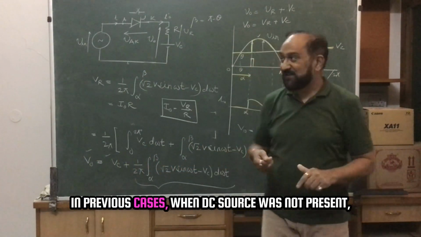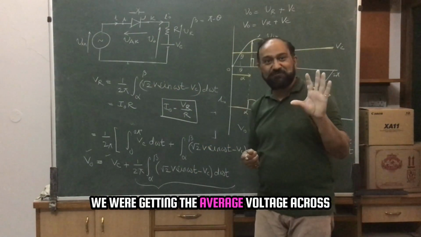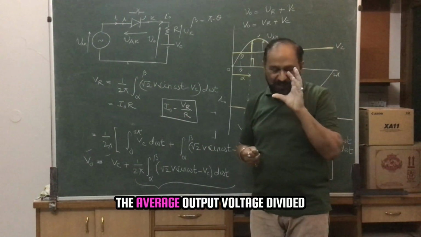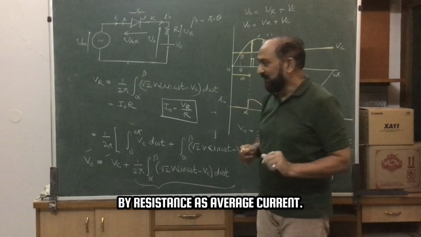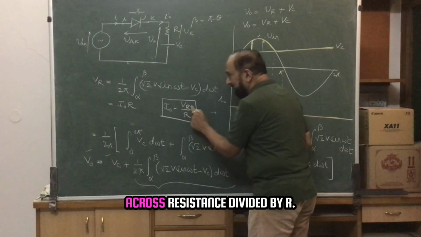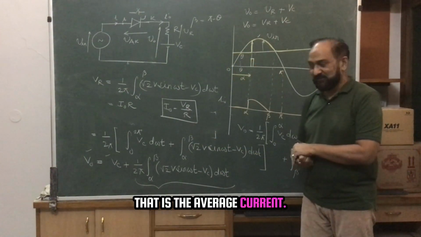In previous cases, when the DC source was not present, we were getting the average output voltage divided by resistance as the average current. But the correct one is the average voltage across the resistance divided by R, that is the average current.